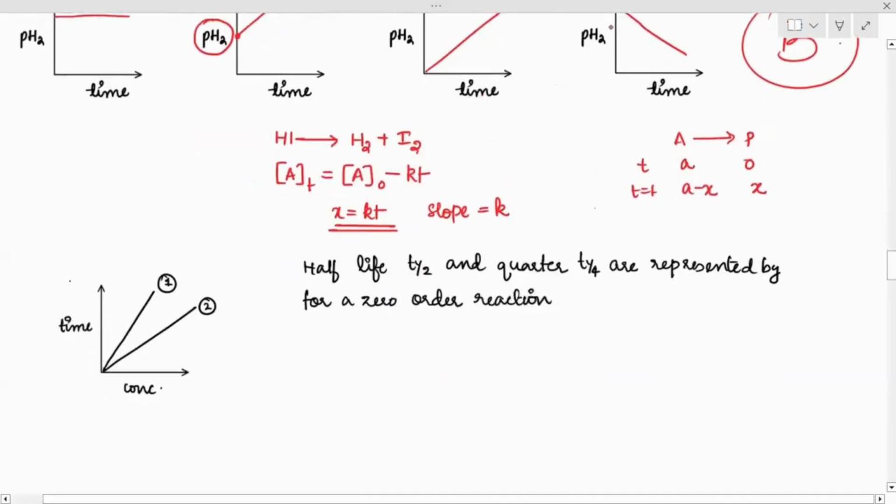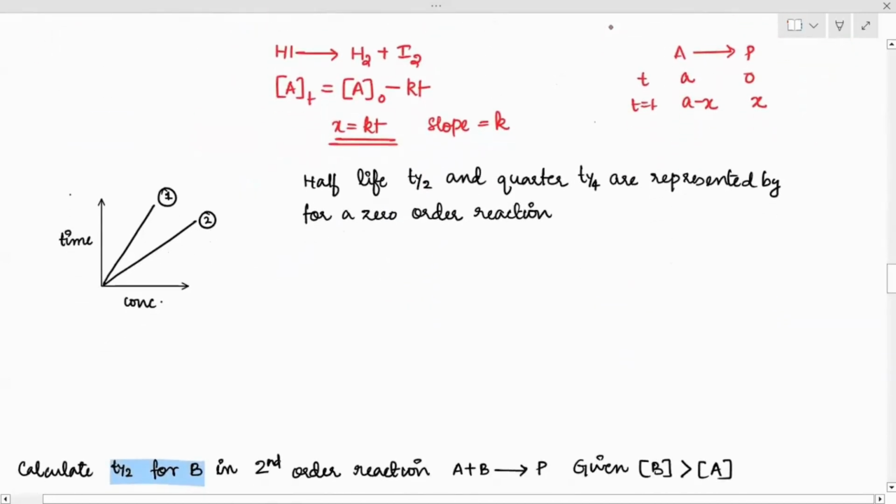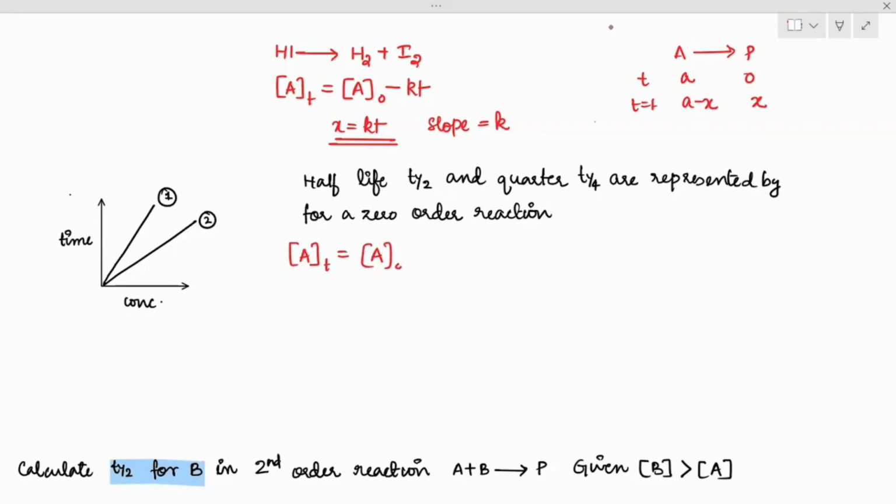Okay, now let's move to the next question. Half-life, T half, and quarter life, T1 by 4, are represented for a zero order reaction. We need to match with 1 and 2. Very easy. We know the integrated rate equation for a zero order reaction, which is A equals A naught minus KT.